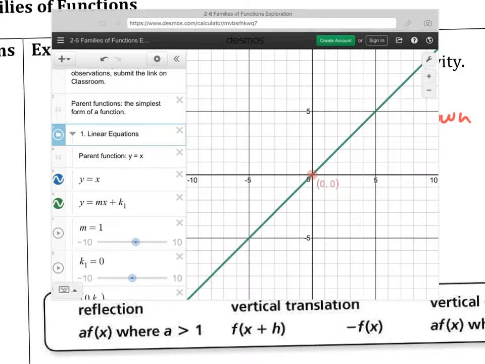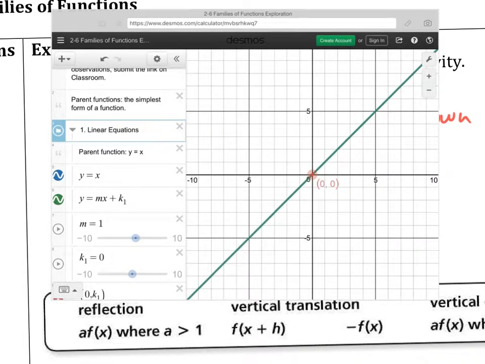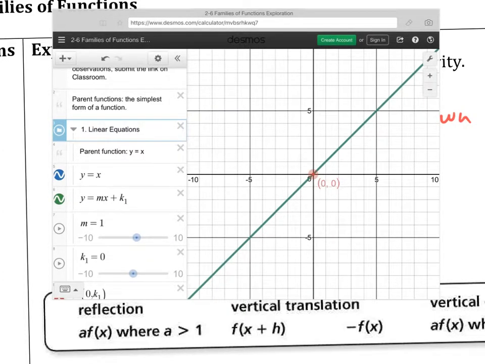So here I am. I have a linear function, which is y equals x, and we see that it simply just graphs like this. And I'm going to see what happens when I move a slider around a little bit here. So notice that moving the m, in other words, multiplying the x, what it does is stretch out my function. It's like I grab the function and I stretch it up and down.